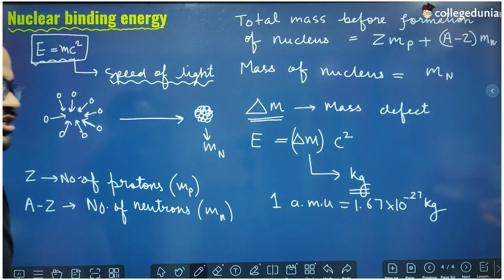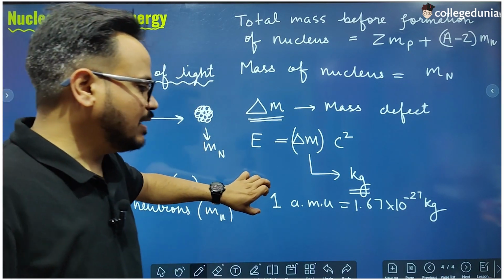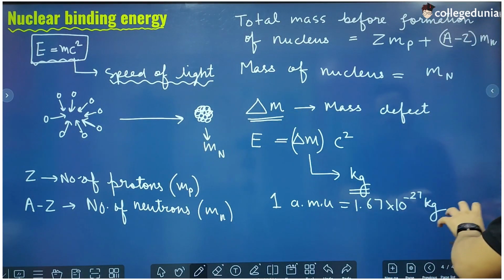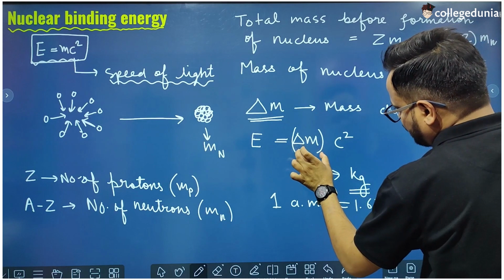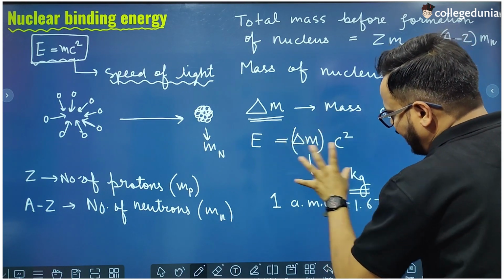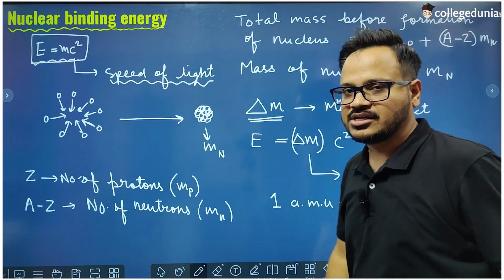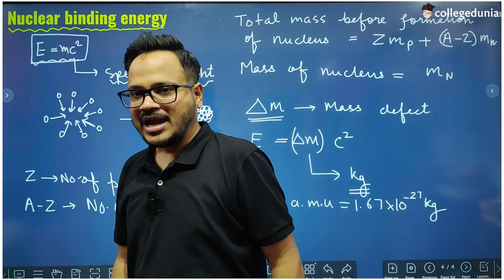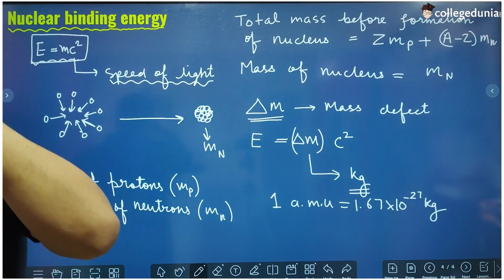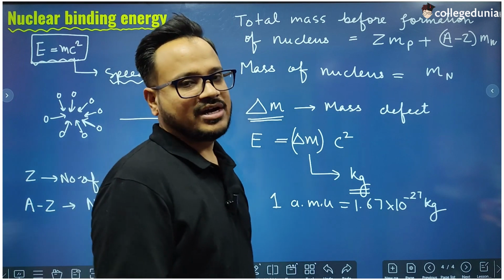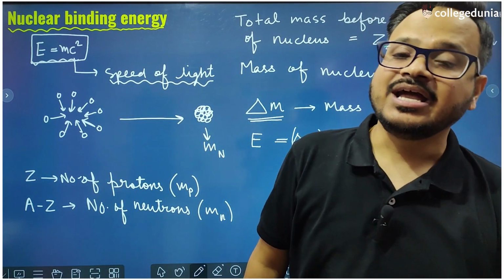Using this conversion, we first convert the mass delta M into kilograms, then put this value in kg in this equation along with the value of c square, and we can find the amount of energy released when this particular nucleus is formed. That energy is responsible for the stability of the nucleus and for binding all the nucleons together. That's why it is called the nuclear binding energy.